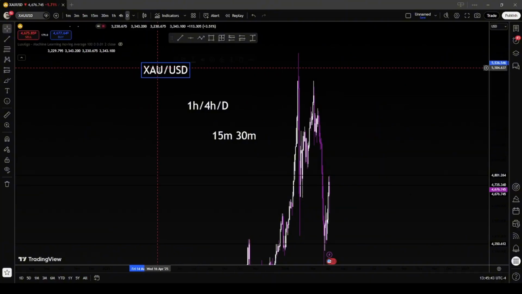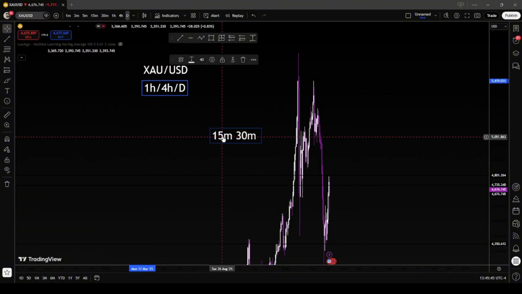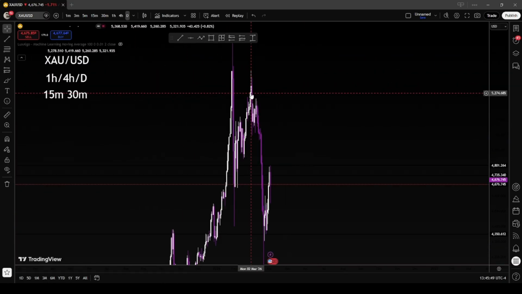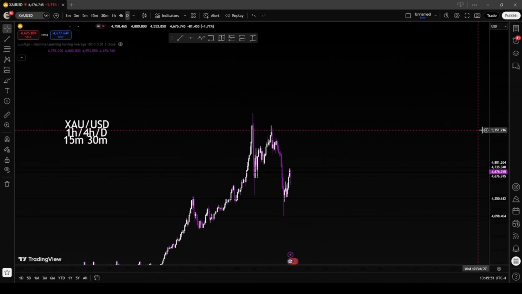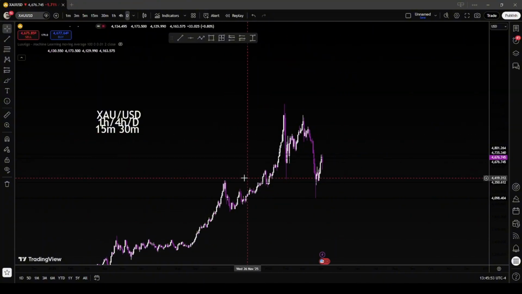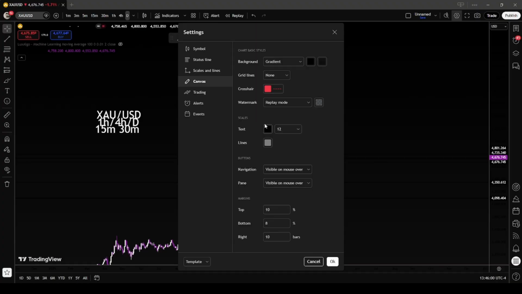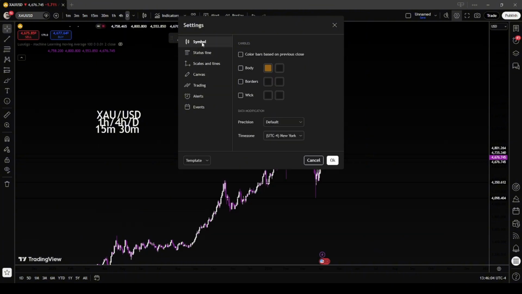So pretty much here's how it's going, right? We got our time frames, we got all this. Next, this is to preference. You can change the colors of your wicks whenever you want. You can just right click, go to settings, go to symbol, and here are all your settings. I'm personally not using TradingView's settings.